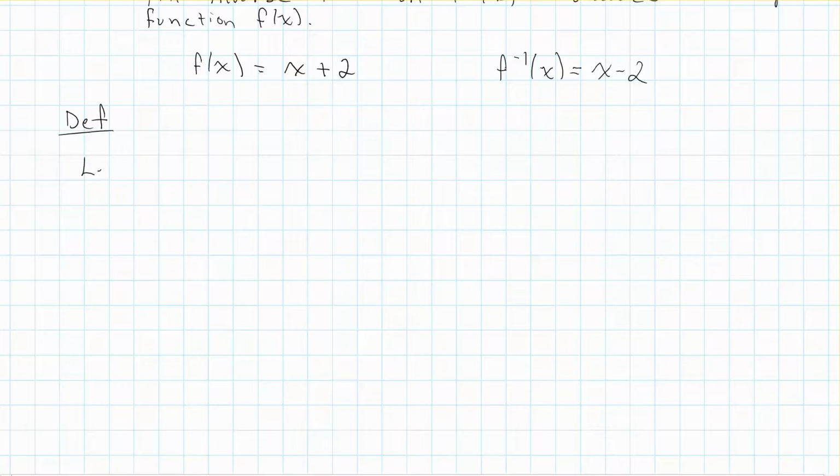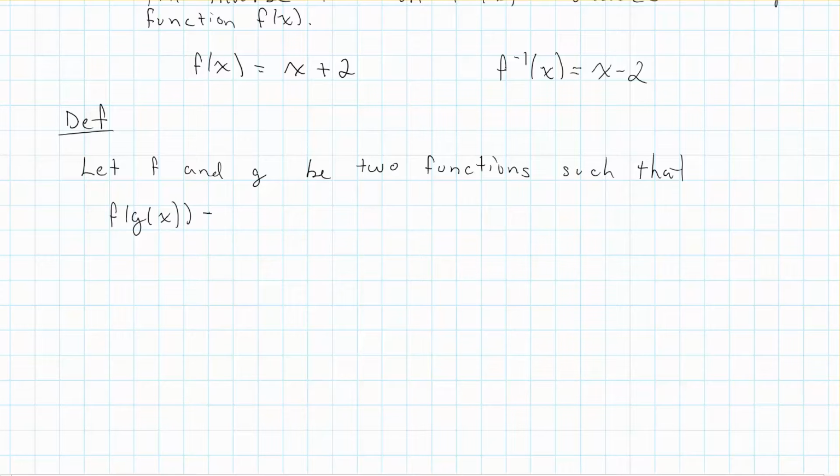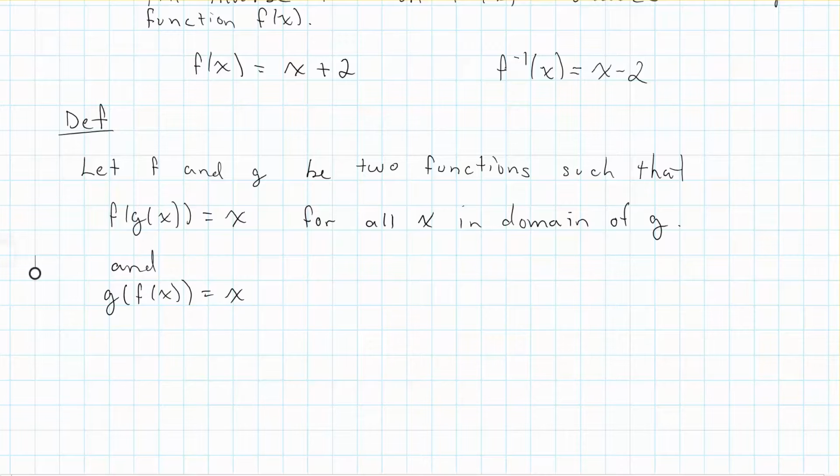So, first off, we're just going to start with two functions. Let f and g be two functions such that f composed with g at x is equal to x for all x in the domain of g, and g composed with f at x is equal to x for all x in the domain of f.